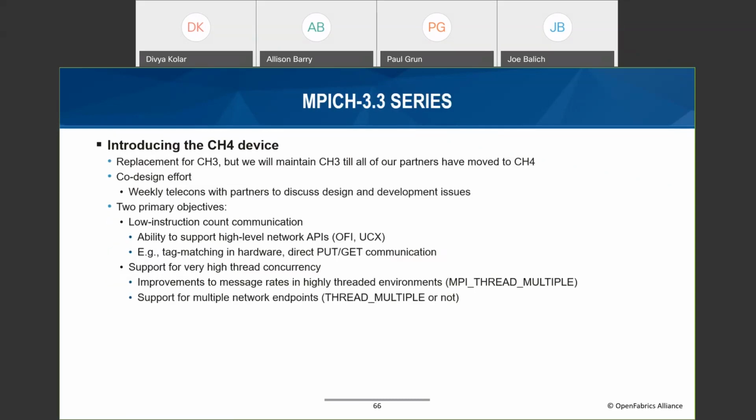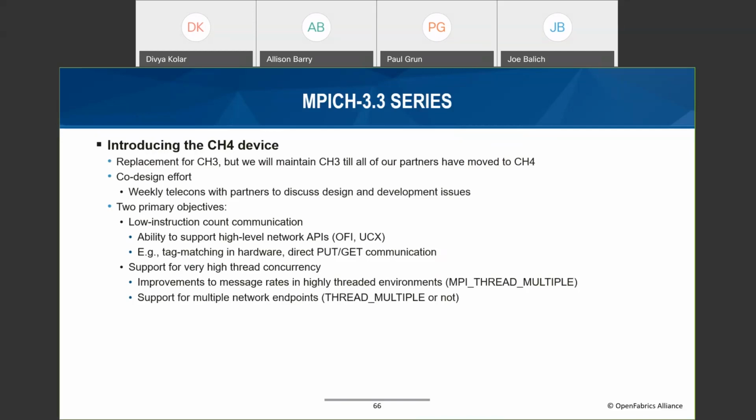The biggest change in the current stable release, the 3.3 series, is the introduction of what we call the CH4 device. Inside MPICH we have what we call the abstract device layer, which has the implementation of the functionality that interfaces from the upper level MPI interface to Libfabric and low level network interfaces.